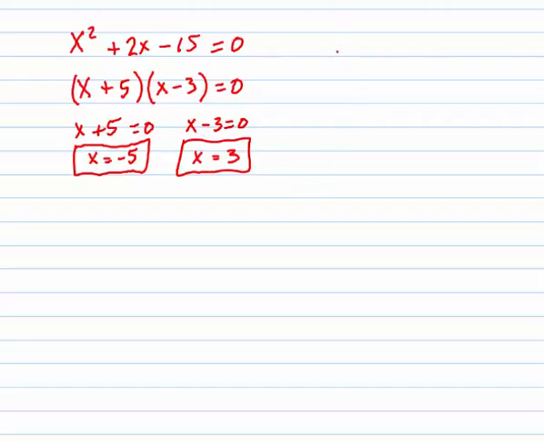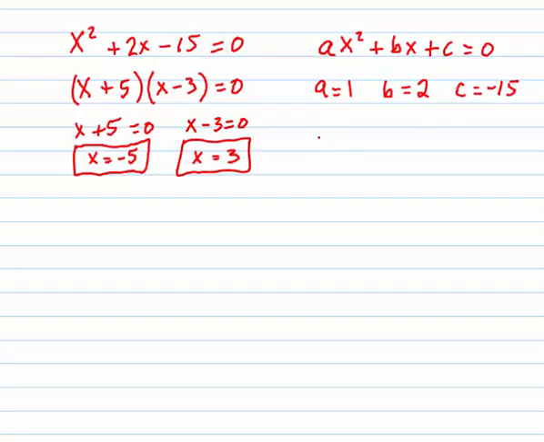Now let's use the quadratic equation, or the quadratic formula. All quadratic equations look like this, ax squared plus bx plus c is equal to 0. So in this case, a is equal to 1, b is equal to this guy here, a 2, and c is equal to minus 15.